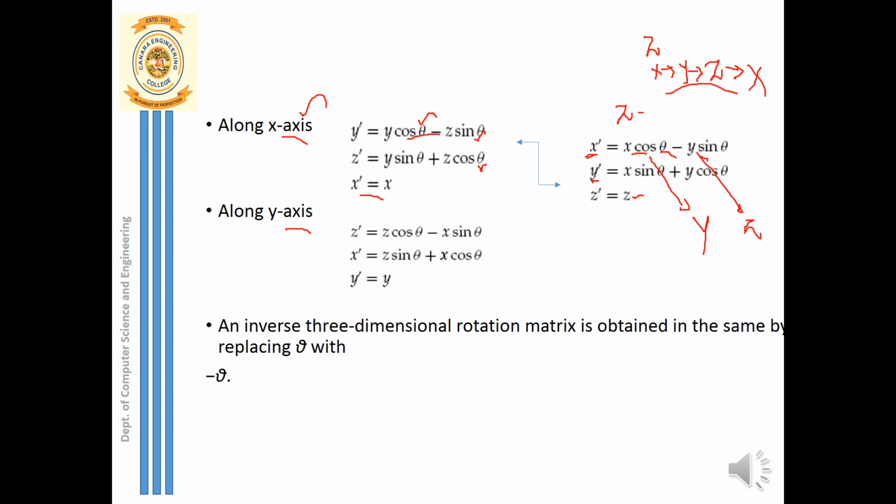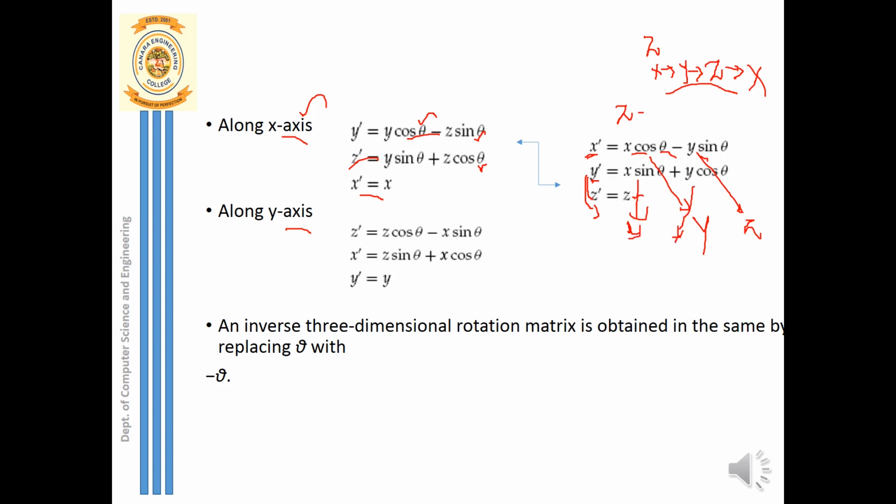Now you can write the equation for z. For writing the equation for z, which equation do you have to refer to? The y dash equation. So now z dash is equal to, again with the cyclic permutation, x values will be shifted to y, and then y values will be shifted to z again.